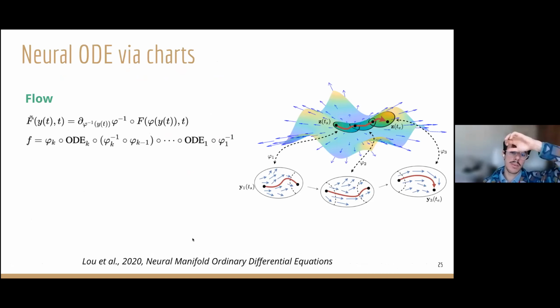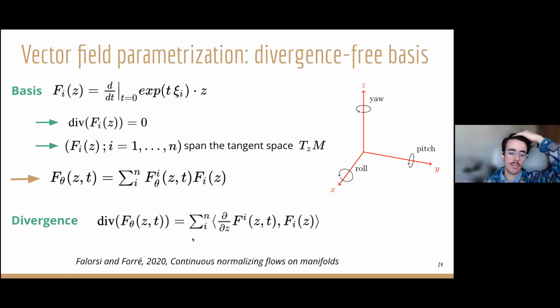The one by Falorsi and Forré was mostly focused on Lie groups, so I think they had SU(N), SO(N), this kind of thing. Yes. Yeah. Okay, thank you.